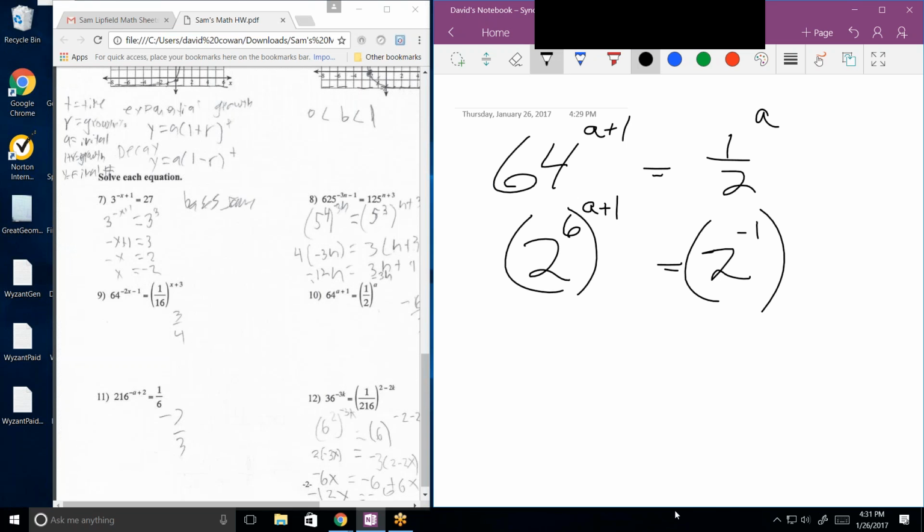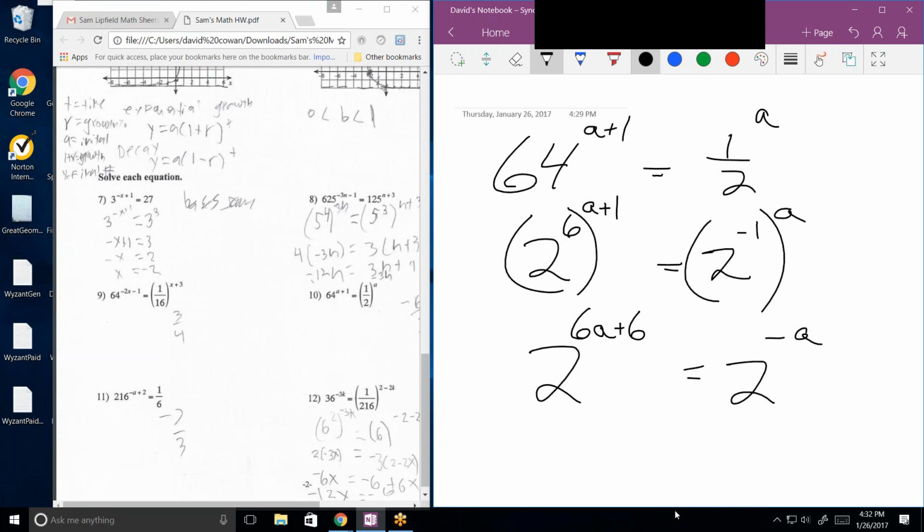Now, what's the next line? 2 to the 6a plus 1. No, I'm multiplying 6 times the a and the 1. Well, 2 to the 6a plus 6 equals 2 to the negative a.